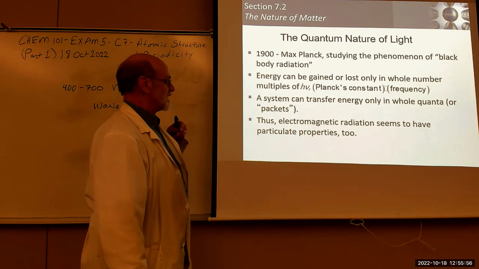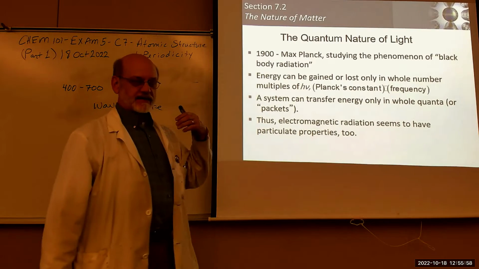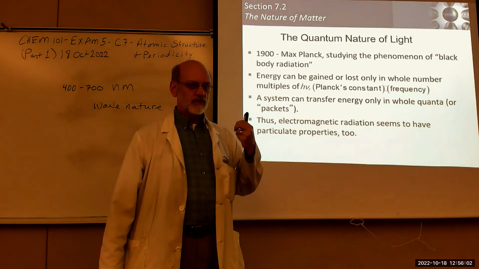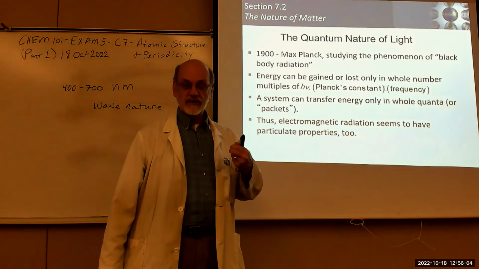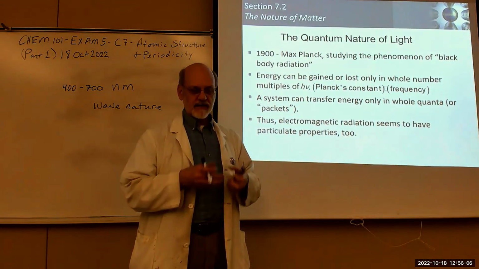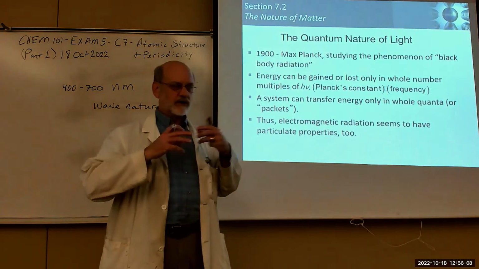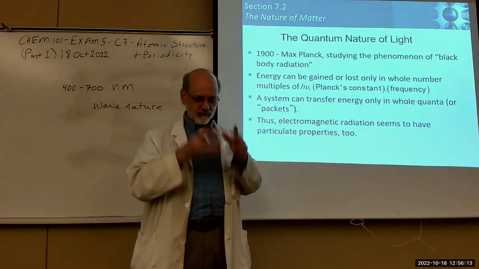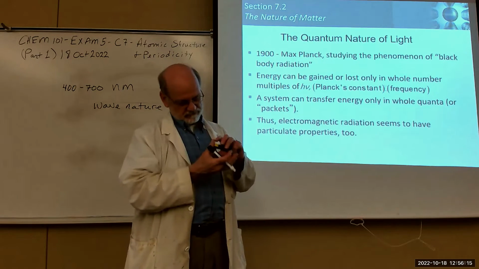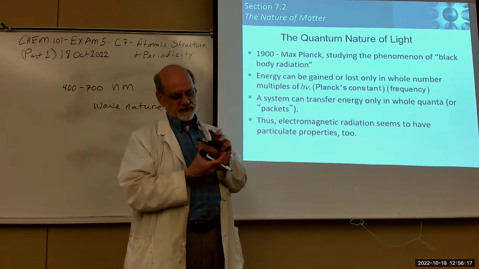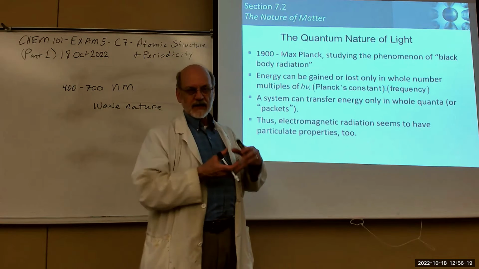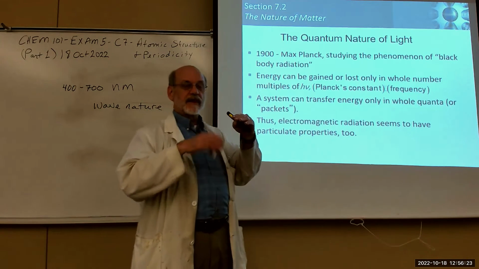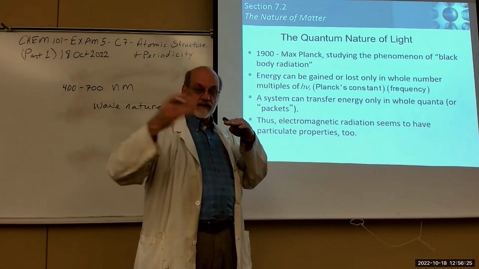What that means is that if you know the temperature of an object, and the object itself is not undergoing any type of reactions, nuclear or chemical reaction, it's just a black body, like a ball of compressed carbon, and you heat it up. If you heat it up to a certain temperature, it will radiate light of a given wavelength.